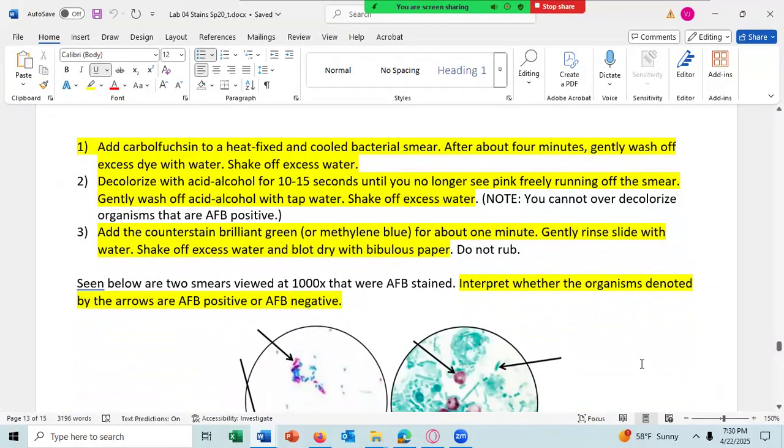Carbol fuchsin is applied for a longer period of time. You need to apply it for 4 minutes. Then wash off with water. Decolorize with acid alcohol for 10 to 15 seconds until you can no longer see the pink running freely off the smear. Gently wash off the acid alcohol with tap water. Take off the excess water, and then you stain with brilliant green or methylene blue as a counter stain, and then gently rinse the slide with water.